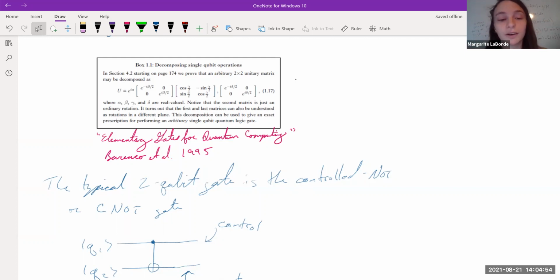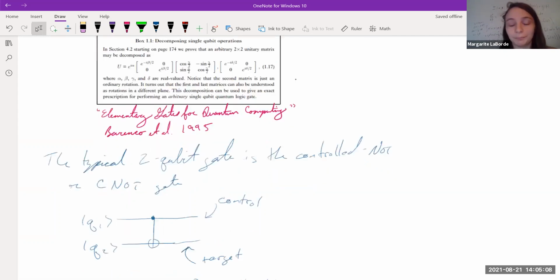It's Barenco et al., published in 1995, and I personally guarantee you that Roy and Elisa have this paper because I use it on literally every project, and I've sent it to everyone. So this basically gives you a recipe for breaking down single qubit gates in terms of your rotations.